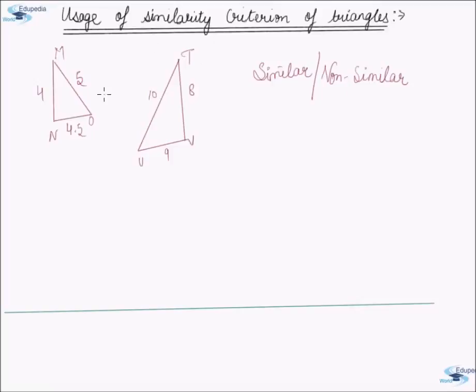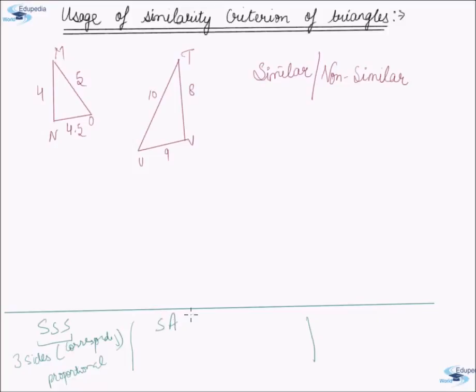Let us study usage of similarity criteria of triangles. Friends, we have studied that there are three simple criteria to prove that the given pair is a similar triangle. The criteria are SSS criteria, which says that if all the three corresponding sides are proportional, then the two triangles are similar.